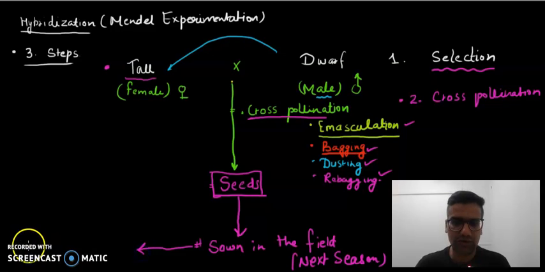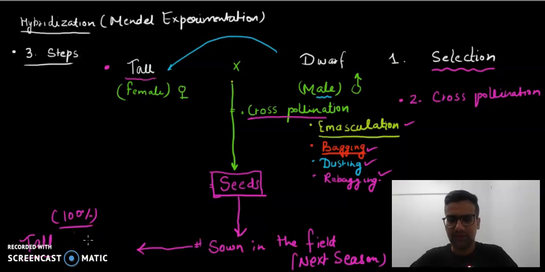All the plants obtained were tall, 100% tall. No dwarf plant was observed in the first progeny.